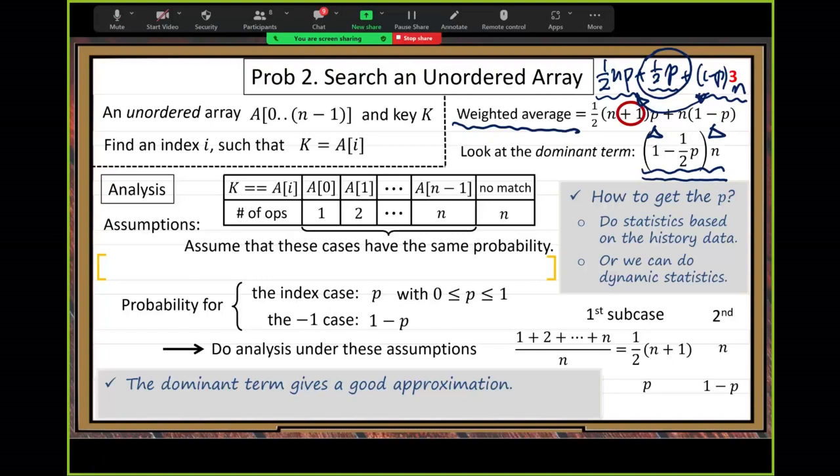We won't throw away too much. We throw away the minor terms, we keep the dominant term, but we will not lose too much. I will explain that idea in Module 2.